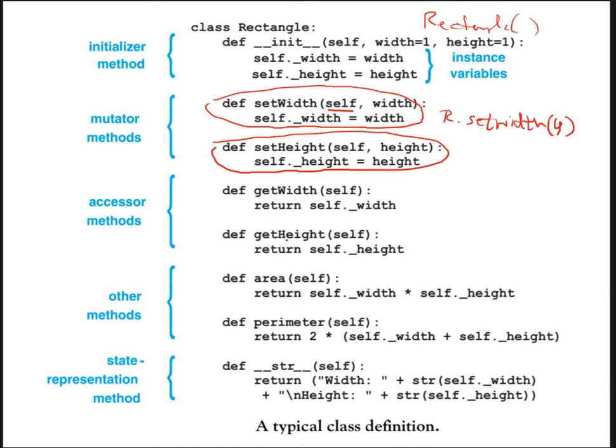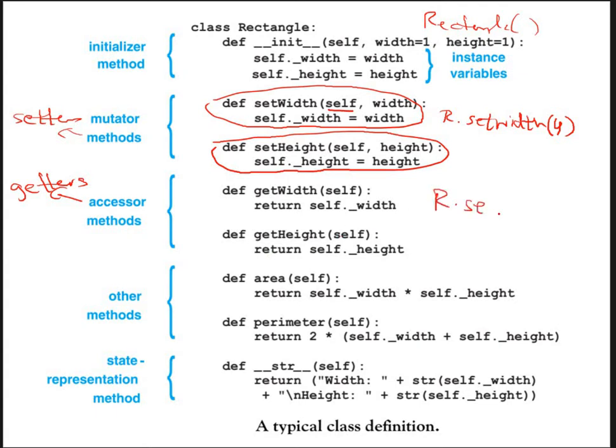Now, if you change the values, or if let's say someone else created that object, and you want to check what the width is, these methods are called getters. So these are setters, and these are getters. Getters means you can get what the width is, for example.